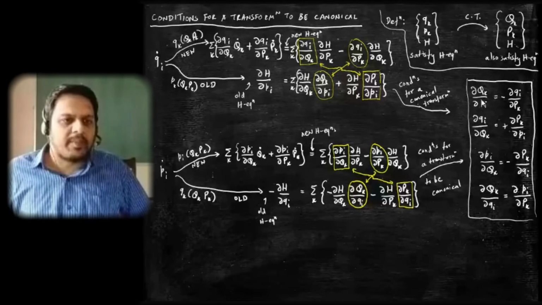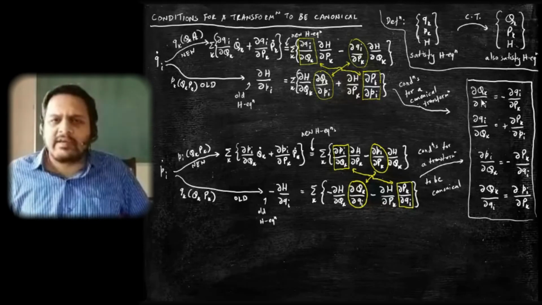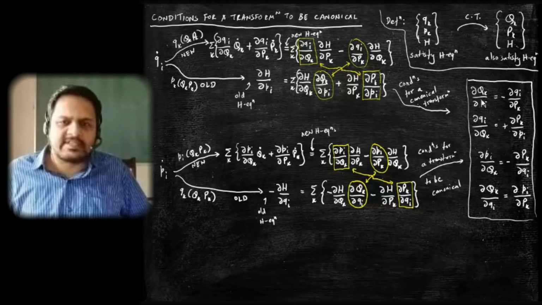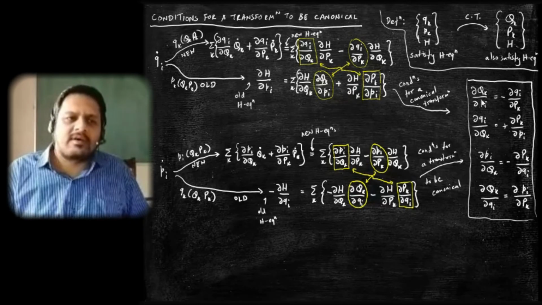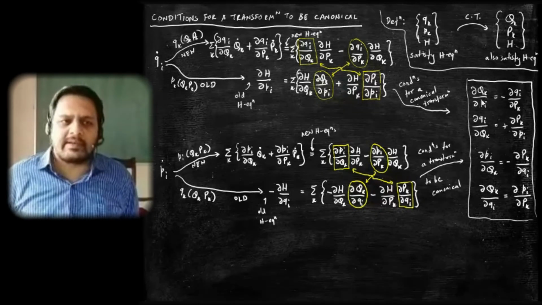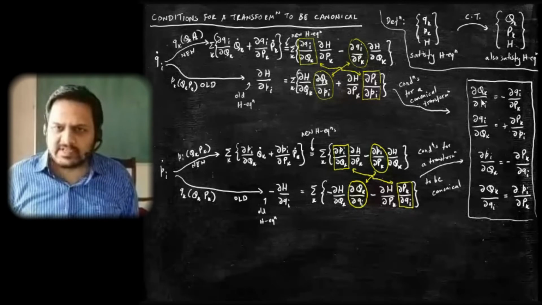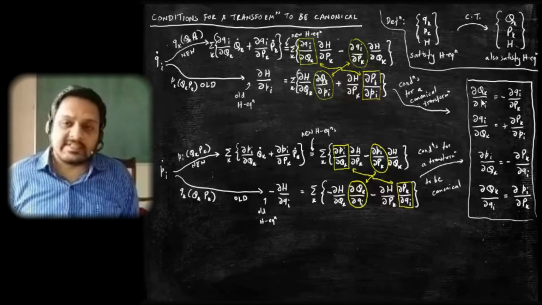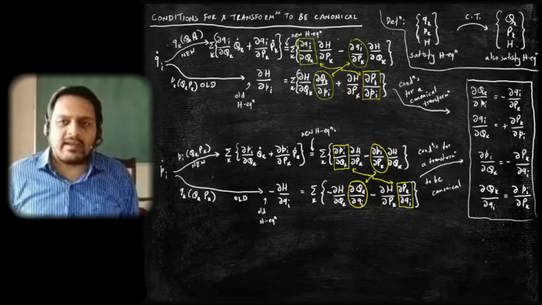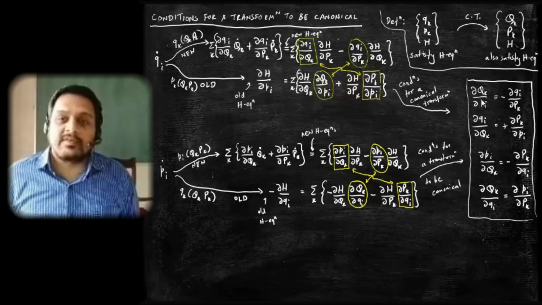Okay. So basically what you have arrived at over here are a set of conditions on the small q, small p and capital Q, capital P combinations. If these conditions are satisfied, then you can happily use Hamilton's equations in terms of the new variables.